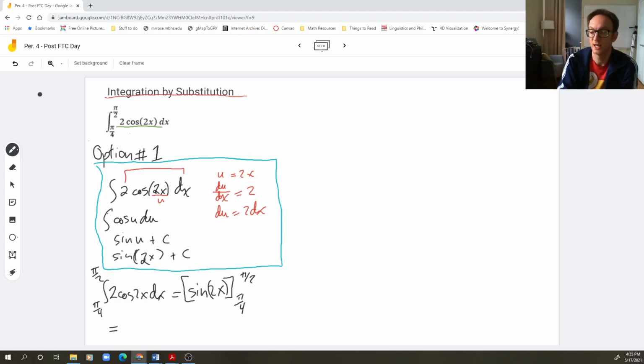And the answer to this problem is therefore, when you plug in pi over 2, you get sine of pi, minus, when you plug in pi over 4, sine of pi over 2. And then that's just 0 minus 1. So the answer to this problem is just 1.